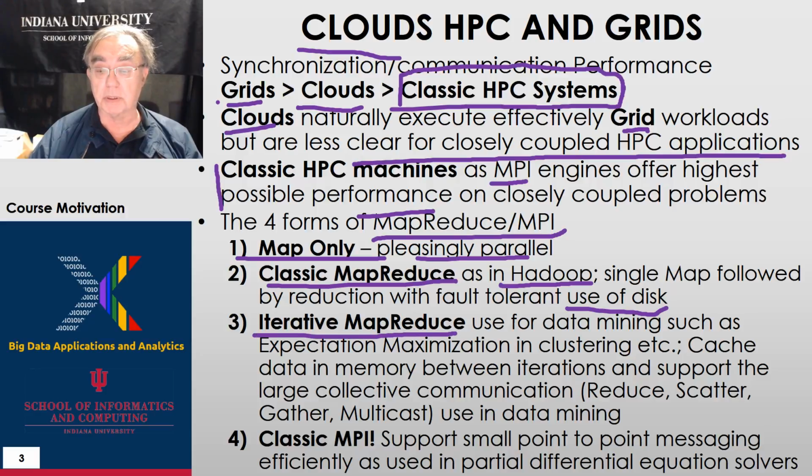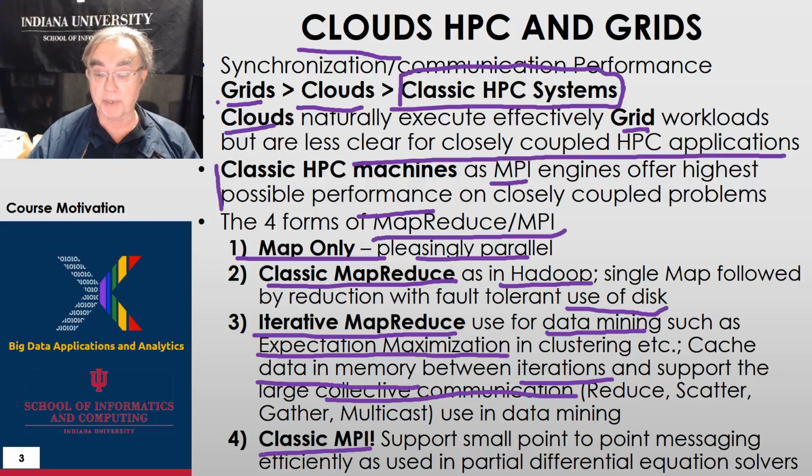Iterative MapReduce is used for data mining, such as expectation maximization methods and clustering. It caches data in memory between iterations and does not write them to disk. And it also supports high-performance collective communication, such as reduction, scatter, gather, broadcast, multicast, and so on.